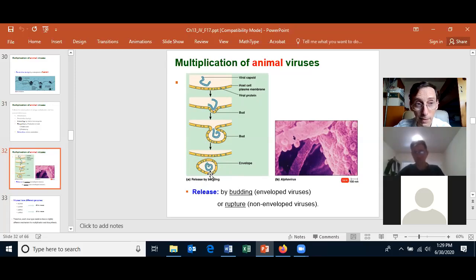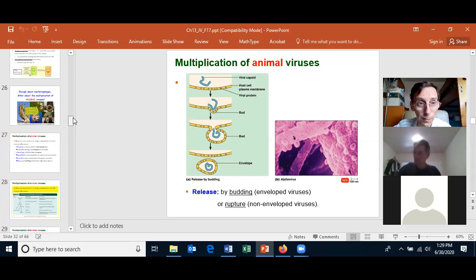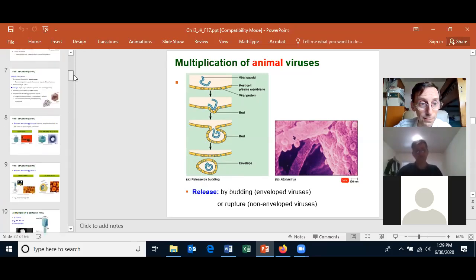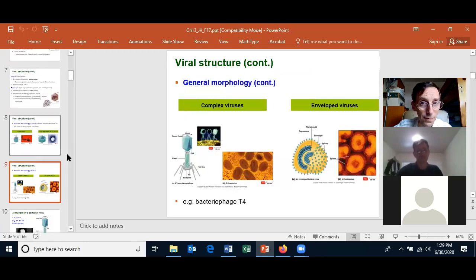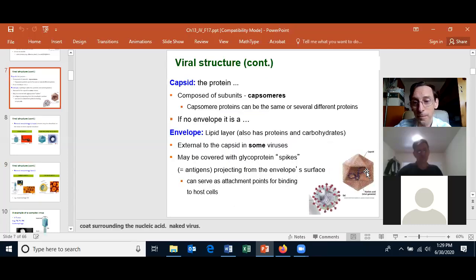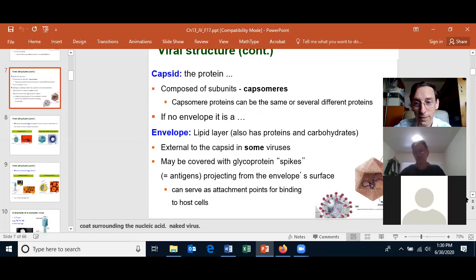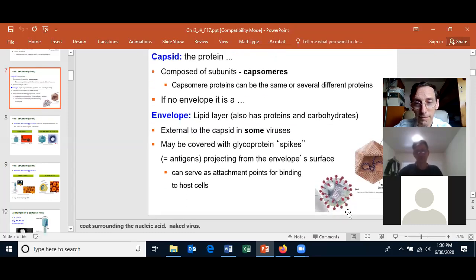And if you remember the spikes on a virus, let's go way back here. Is that a spike? No, well, they're there, but it's not very visible. Let's go back to this one. Those spikes are proteins or glycoproteins in the virus.